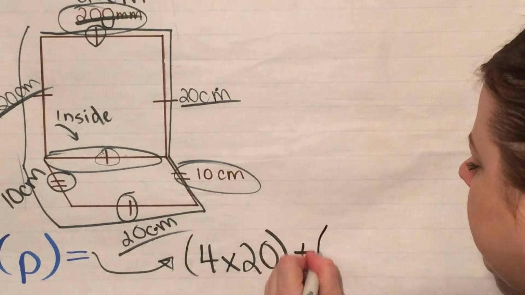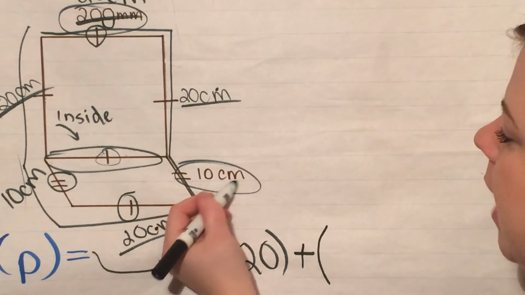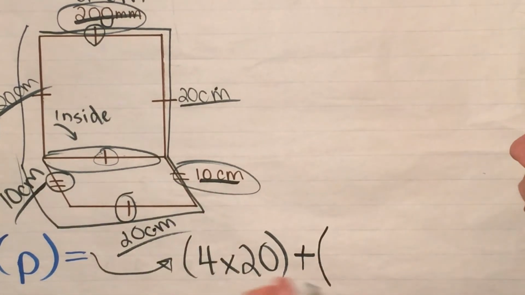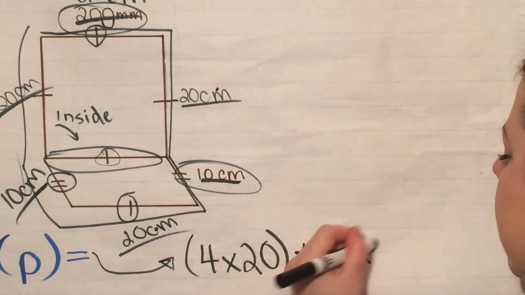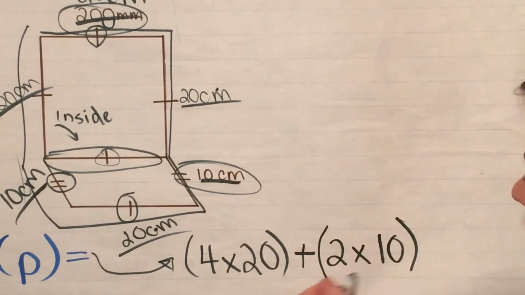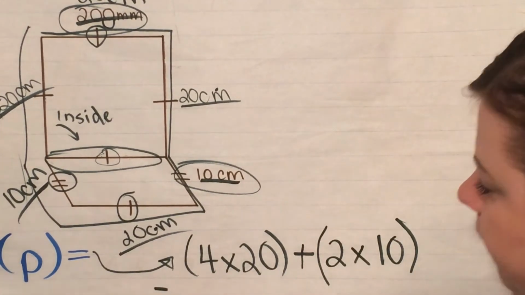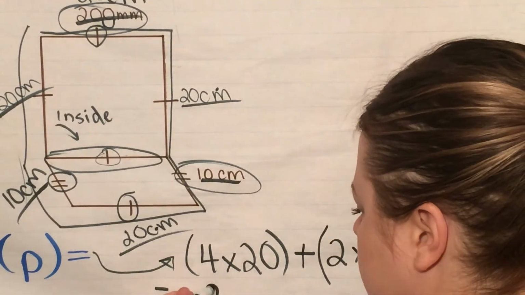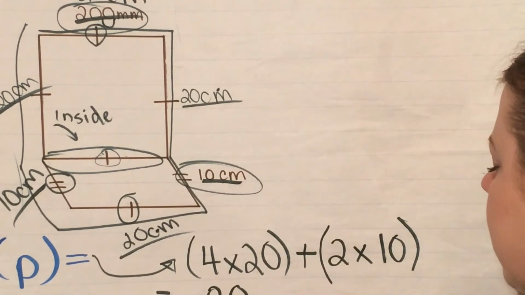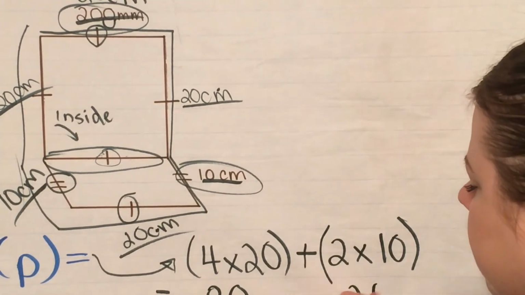And then I'm going to do plus, how many 10s do I have? I have 2 10s. Plus 2 times 10. All right, and that is going to equal, well, I know that 4 times 20 is 80. And I know that 2 times 10 is 20.